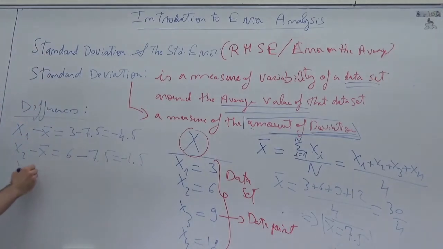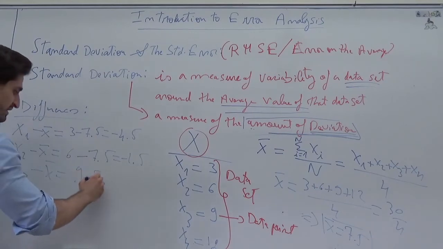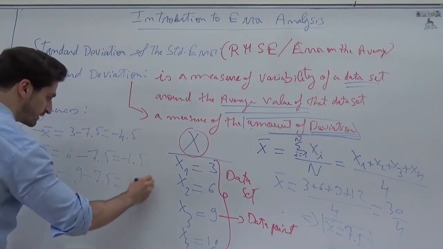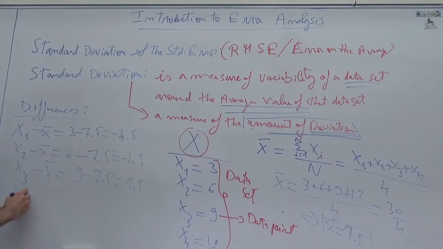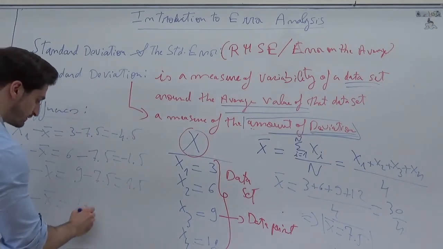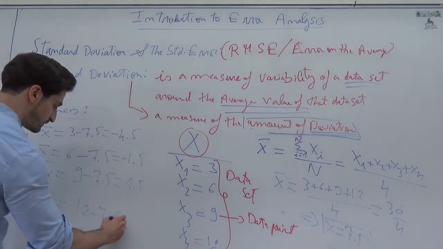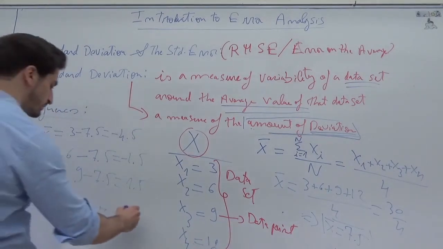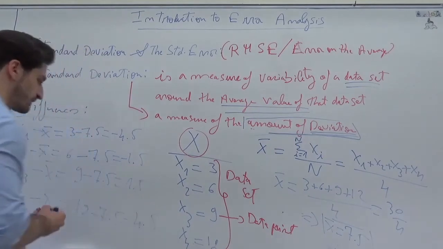Then we have the third difference, x3 minus x bar, which is equal to 9 minus 7.5, which is equal to 1.5. And finally we have the final difference, x4 minus x bar, which is equal to 12 minus 7.5, which is going to be equal to 4.5.